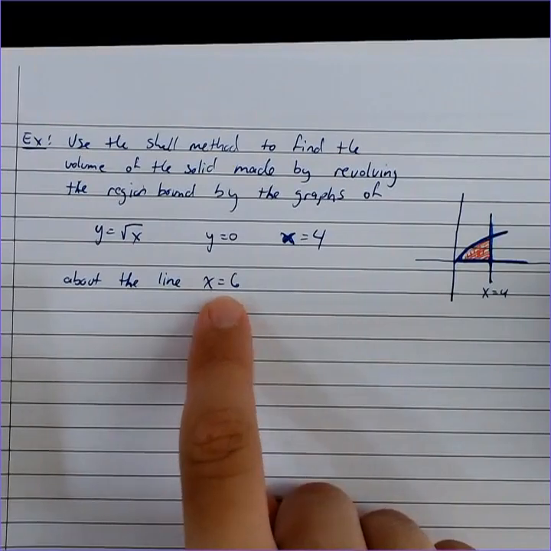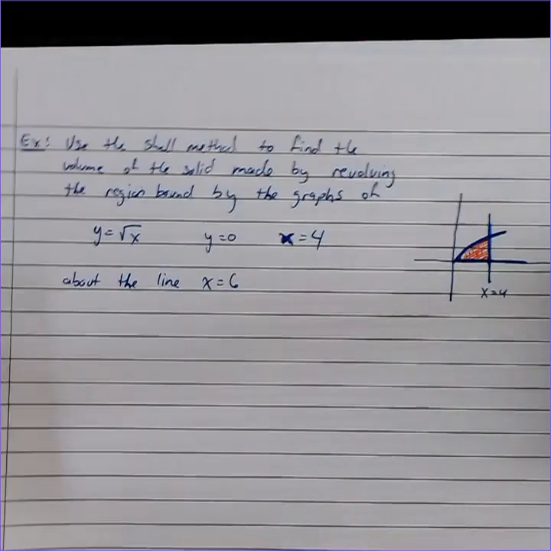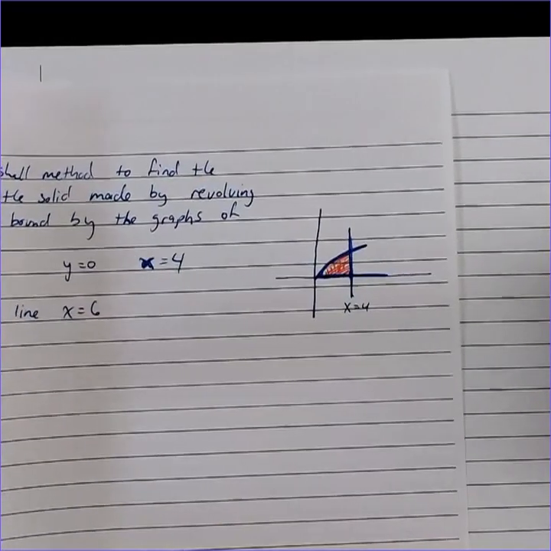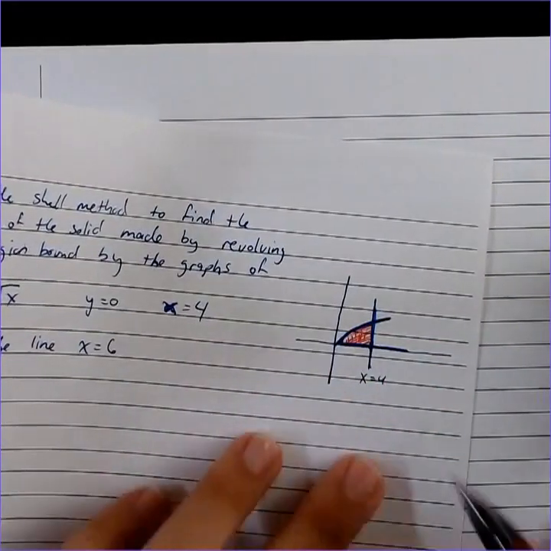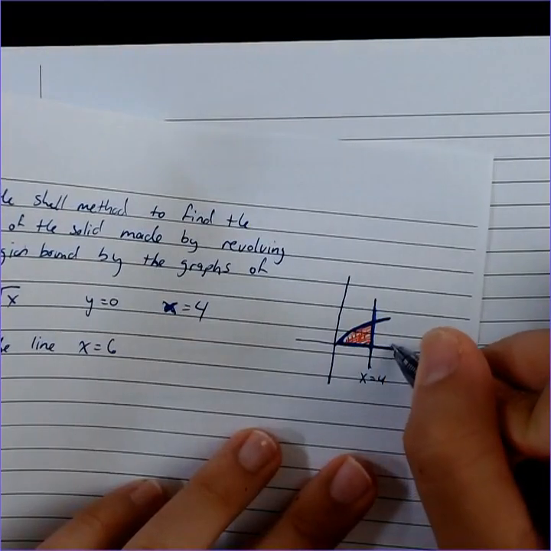Okay, so now we're going to revolve this around a line, and that line is not going to be either the x-axis or the y-axis. Rather, it's going to be the line x equals 6. So x equals 6 is this line out here. It's a little bit further than x equals 4.